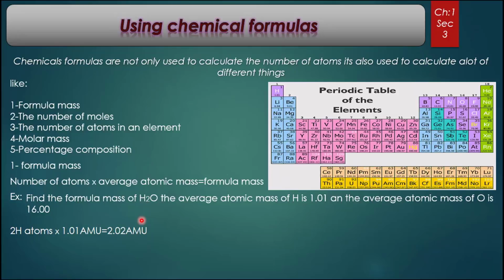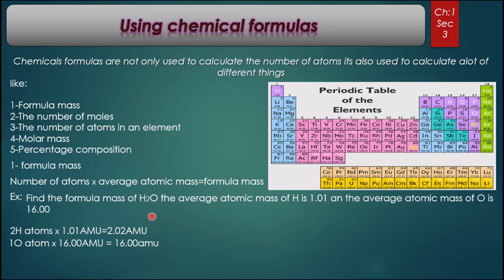So second, we're going to find the oxygen's formula mass. So 1 oxygen atom, because it's 1, you see. So 1 oxygen atom times, as illustrated in the periodic table and given in the question, 16.00. So 1 times 16.00 AMU of course equals 16.00 AMU.